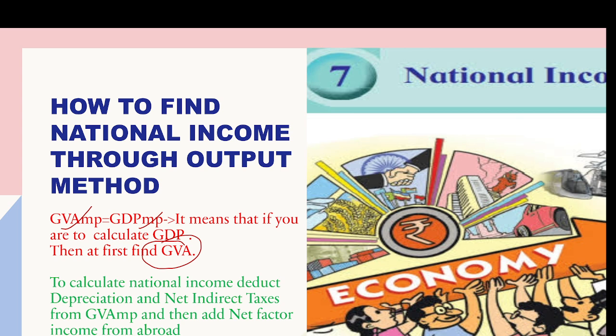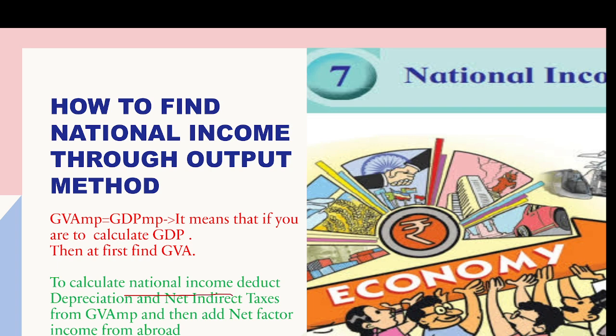So you can see here all the values have been given. They are the services, the output, which are gathered at one place, as in the photograph, and converted to money value. And in such a way, you can calculate the national income.